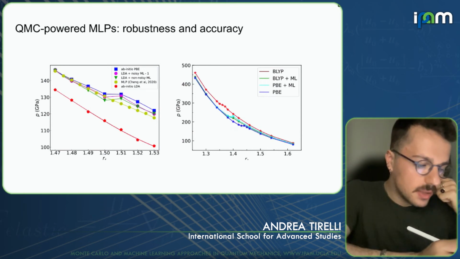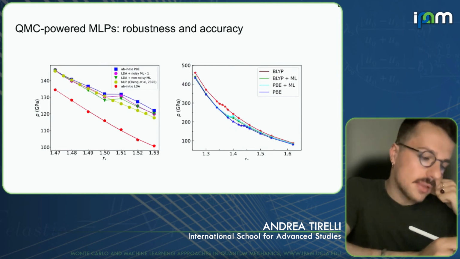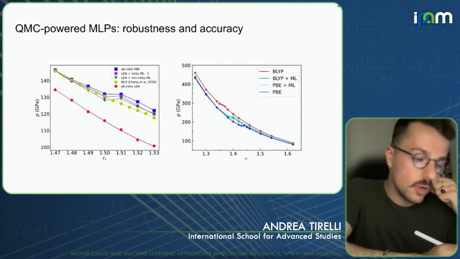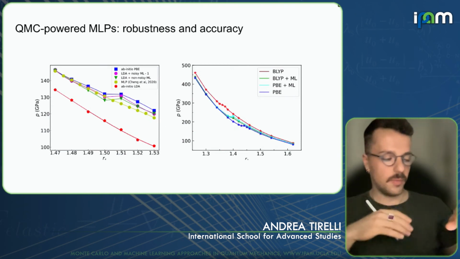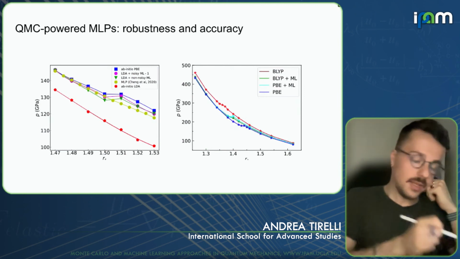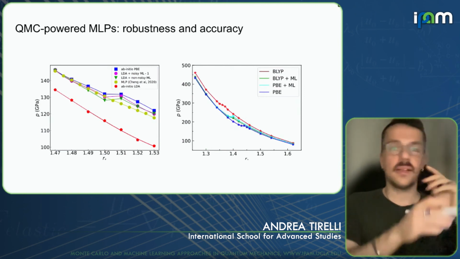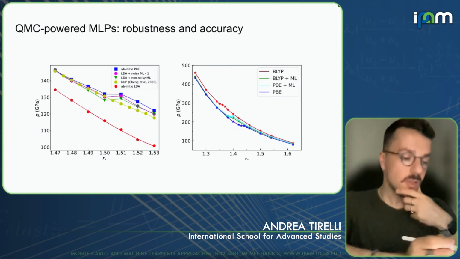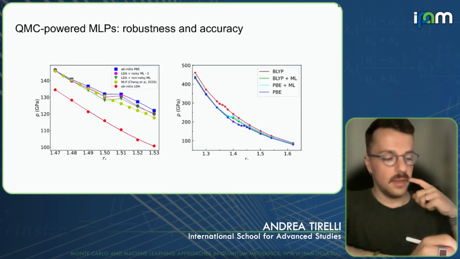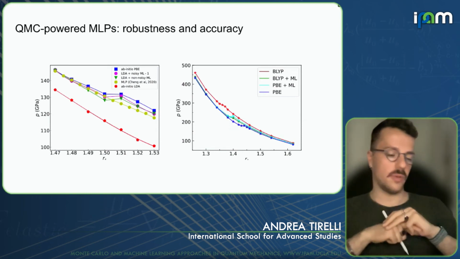This is depicted in the LDA plus non-noisy ML line, these dark green triangles. As you see, the LDA line does not present a plateau in this density range, while the PBE does, and so does the LDA plus non-noisy machine learning.